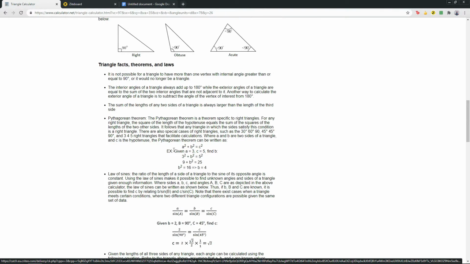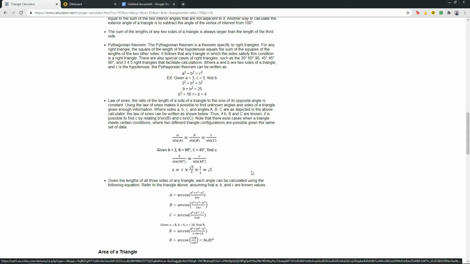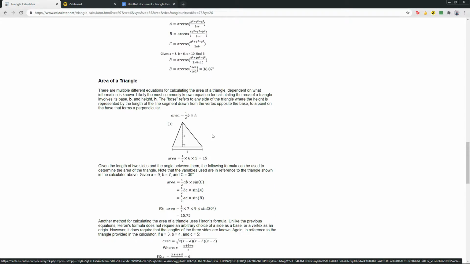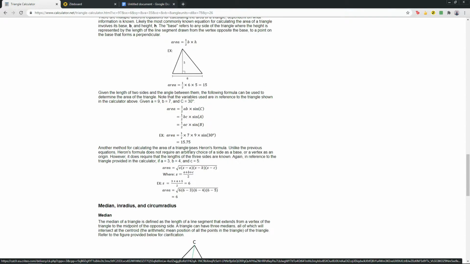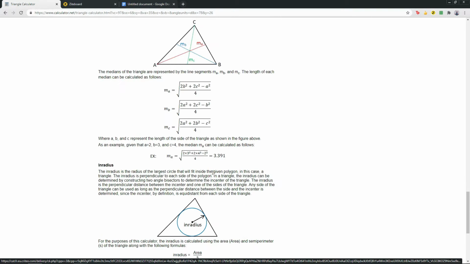Here, you can find the formulas to get the hypotenuse of a certain angle or the side or an angle or even the area, the median, inradius and circumradius.